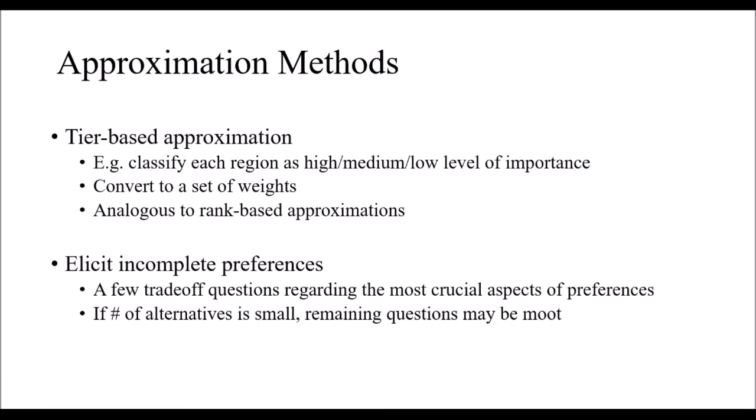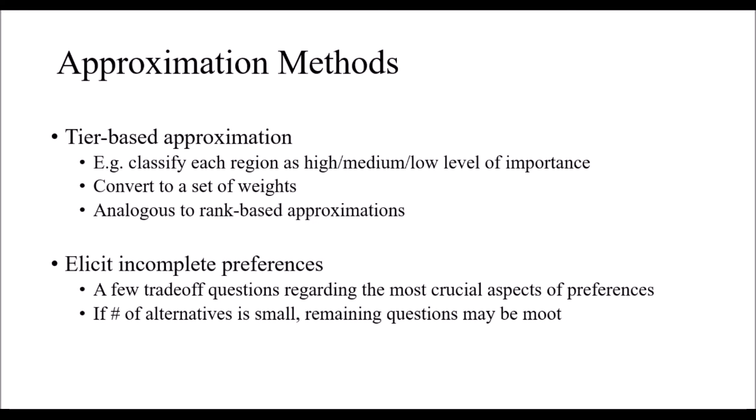And the next two of these were done by the two recent papers or analyses that I just mentioned. One is eliciting incomplete preferences. So you could ask a few specific questions. Well, that analysis didn't use trade-off questions, but you could ask a few specific trade-off questions if you know what the crucial aspects of preferences are.